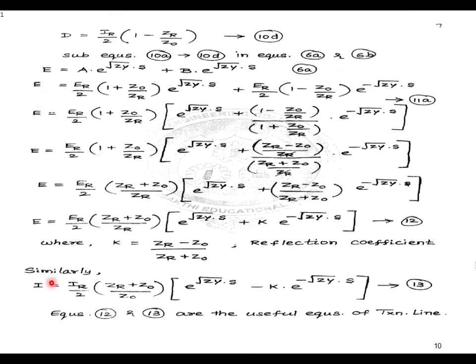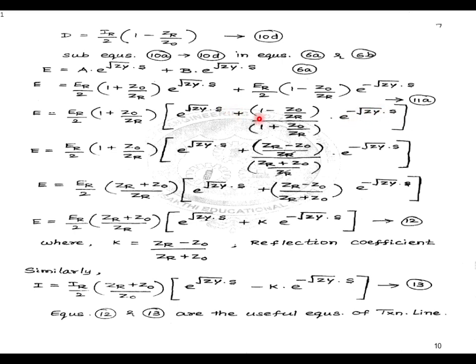E equal to ER divided by 2, 1 plus Z0 divided by ZR into e power root of ZY into S plus ER divided by 2 into 1 minus Z0 divided by ZR into e power minus root of ZY into S. So we take ER divided by 2 into 1 plus Z0 divided by ZR outside. We can get e power root of ZY into S plus 1 minus Z0 divided by ZR divided by 1 plus Z0 divided by ZR into e power minus root of ZY S.